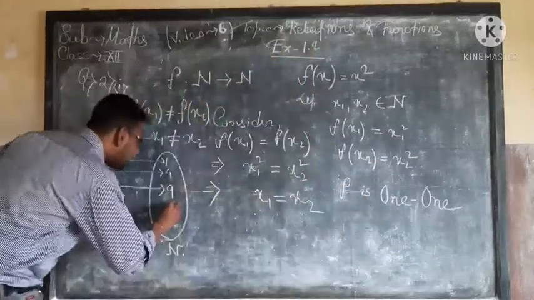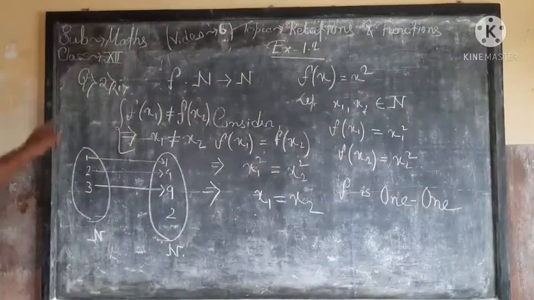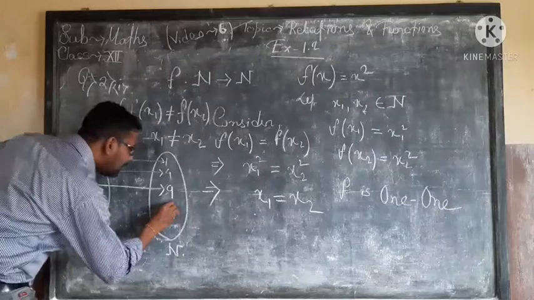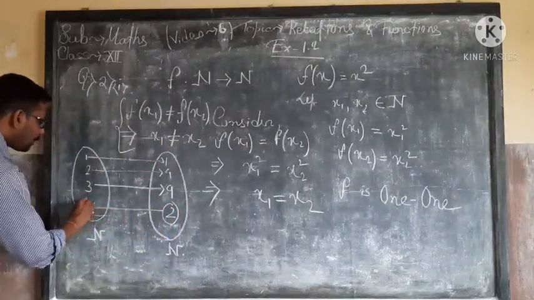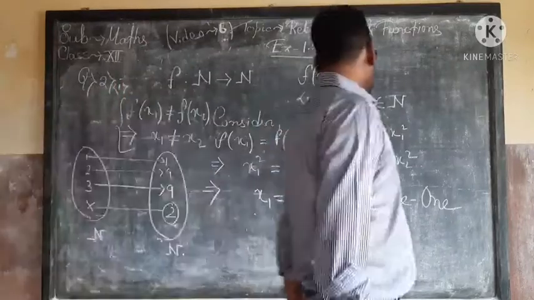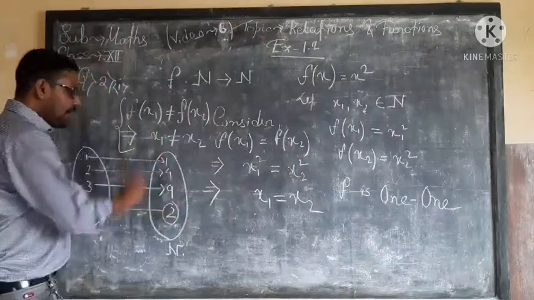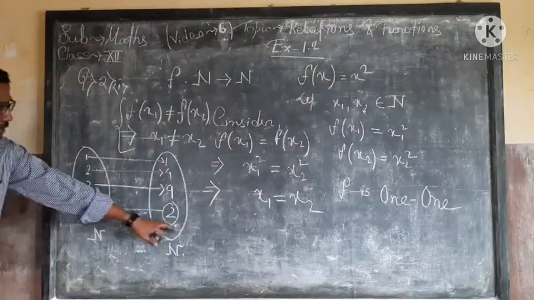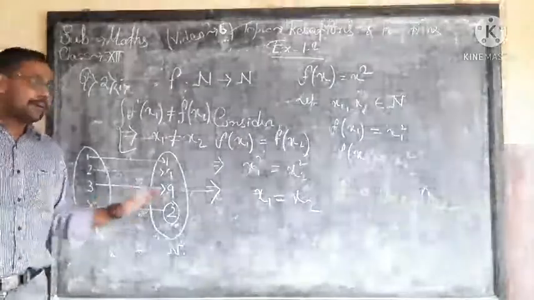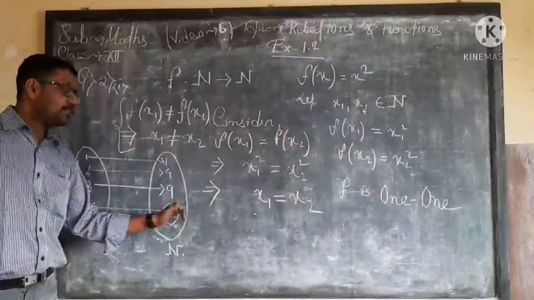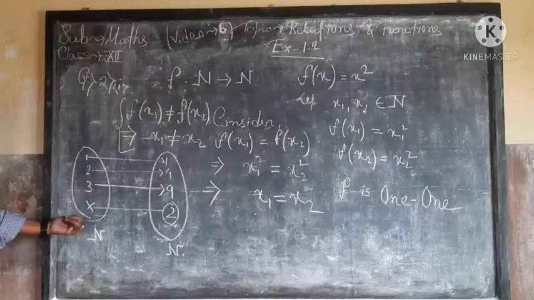But if you consider the value 2 in the codomain of this function, this value is not connected with any value of its domain. So this 2 also belongs to this set of natural numbers, that means the codomain set, but it has no pre-image in the domain.